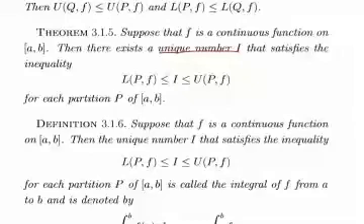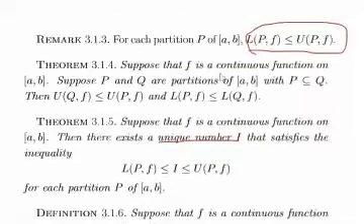Alright, let's look at this theorem here. Suppose that f is a continuous function on this closed interval AB, and suppose P and Q are two partitions of AB, with P a subset of Q. Q is the bigger set, so Q has more subintervals than P, right?